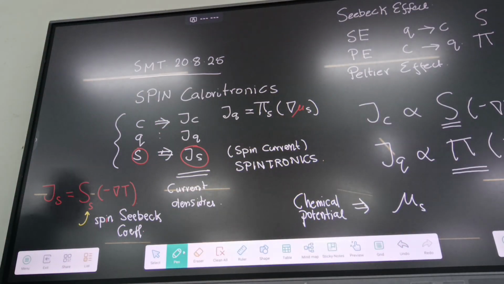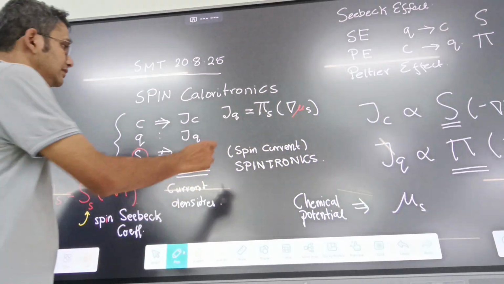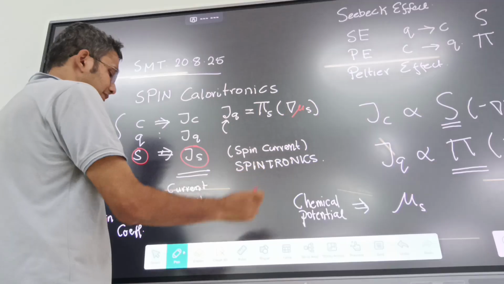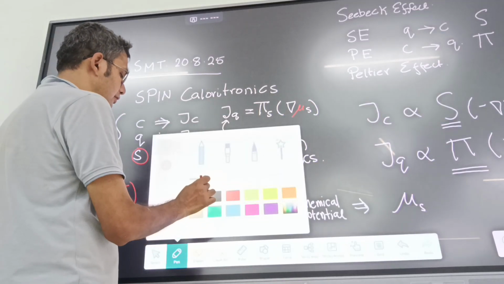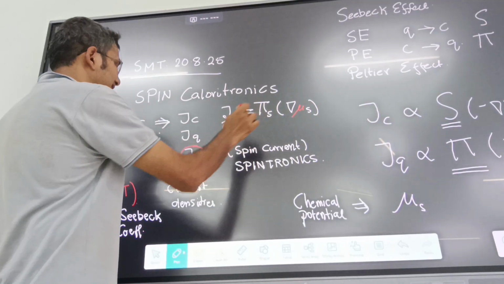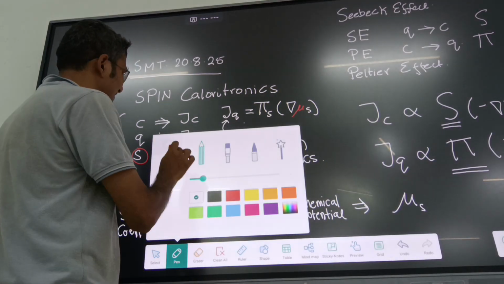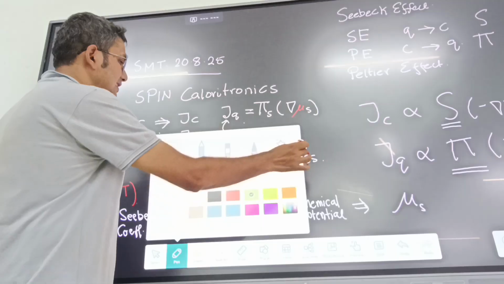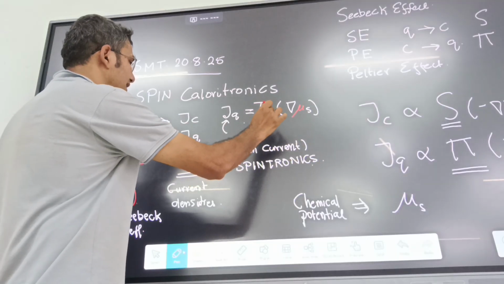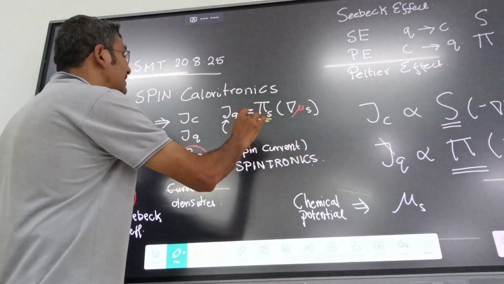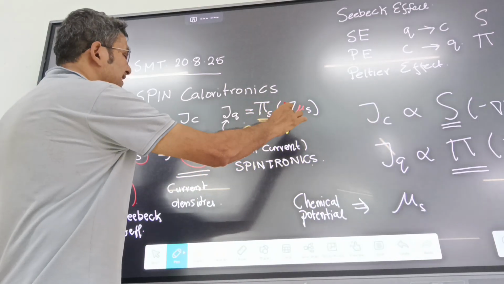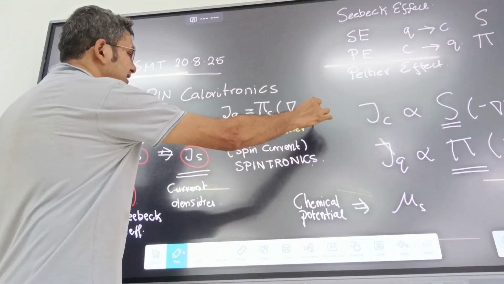Change in potential is causing heat, right? So that makes this constant, ये वाला कांस्टेंट हो जाता है, spin Peltier coefficient.